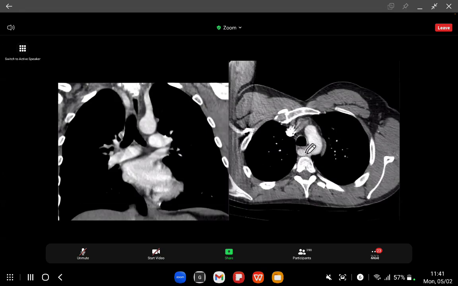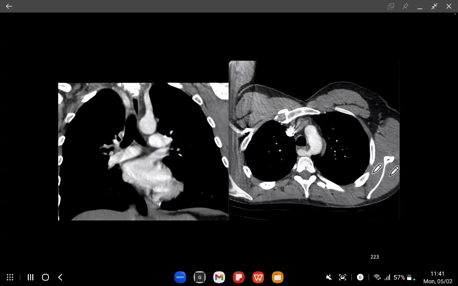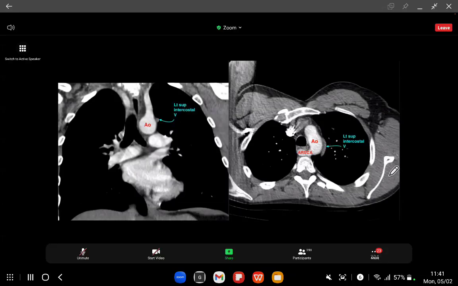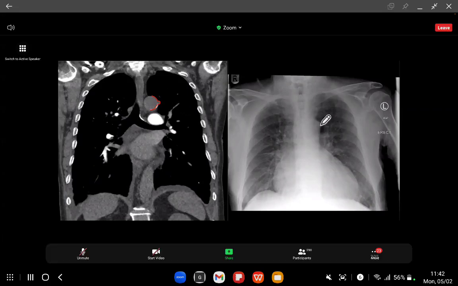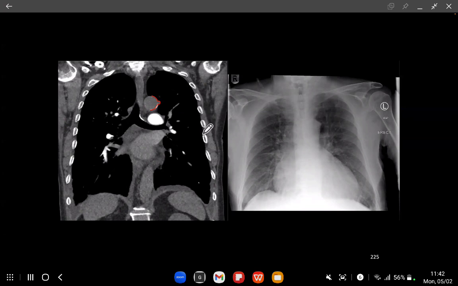This patient also happens to have an aberrant right subclavian artery, but that's called the aortic nipple. And in a different patient, there's the aortic nipple, and there it is on the chest X-ray. Normal variant, but it does become exaggerated during SVC obstruction.